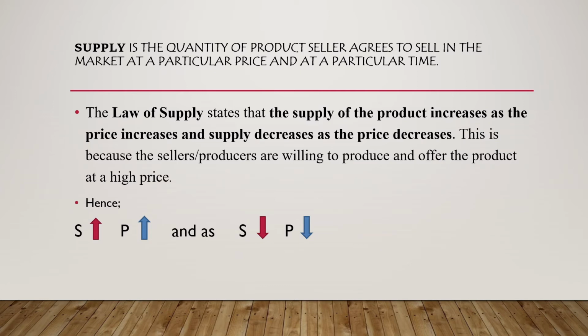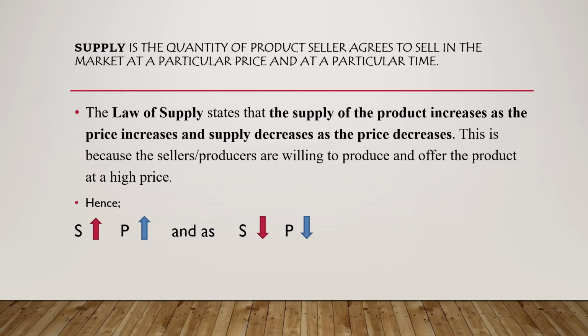Supply is the quantity of product a seller agrees to sell in the market at a particular price and a particular time. The law of supply states that the supply of the product increases as the price increases, and supply decreases as the price decreases. This is because sellers or producers are willing to produce and offer the product at a higher price.